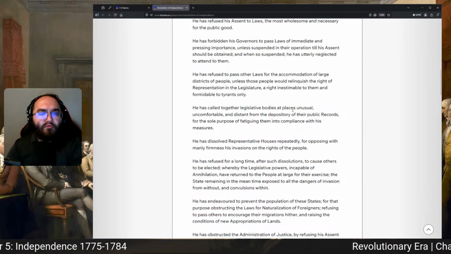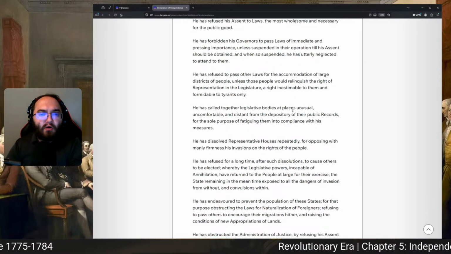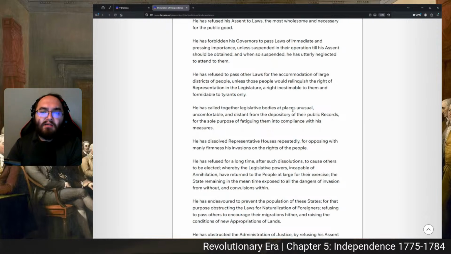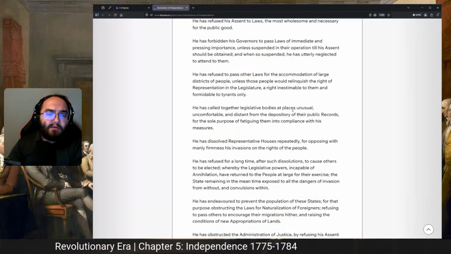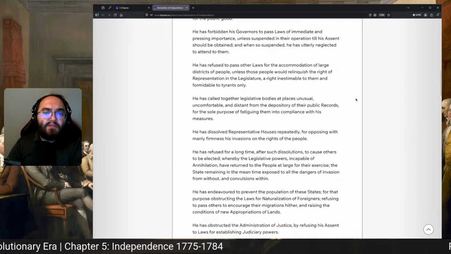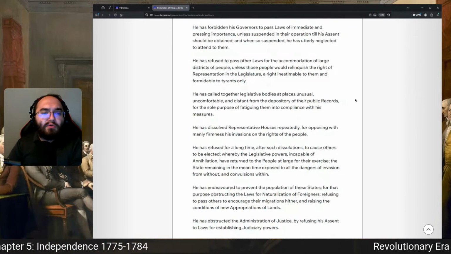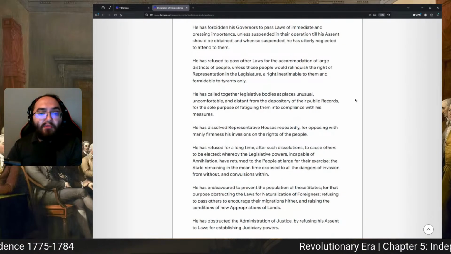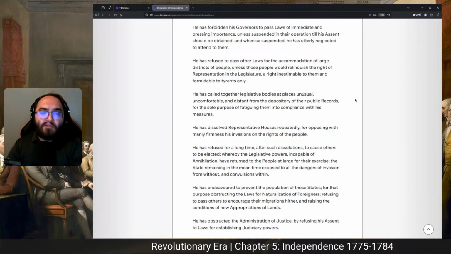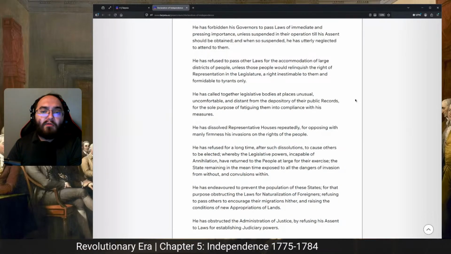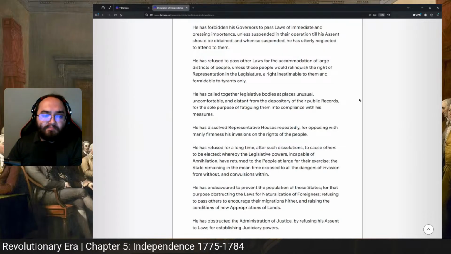He has refused his assent to laws the most wholesome and necessary for the public good. He has forbidden his governors to pass laws of immediate and pressing importance, unless suspended in their operation till his assent should be obtained, and when so suspended, he has utterly neglected to attend to them.